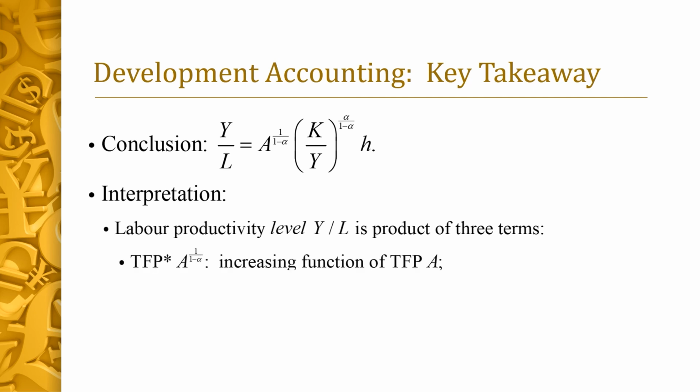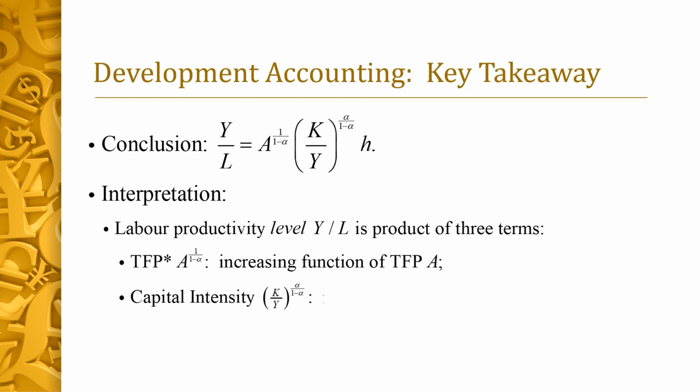The first, denoted TFP star, equals TFP A raised to the power of 1 over 1 minus alpha. Since the exponent is positive, TFP star is simply an increasing function of TFP A. The second term, which we refer to as capital intensity, is the capital output ratio K over Y raised to the power alpha over 1 minus alpha.